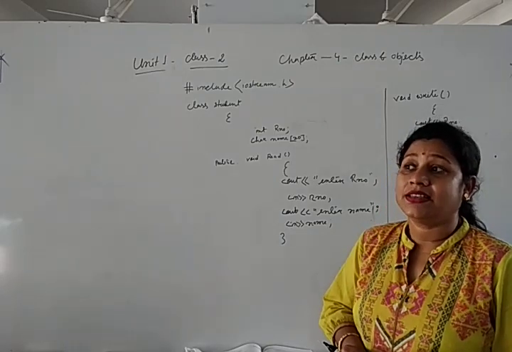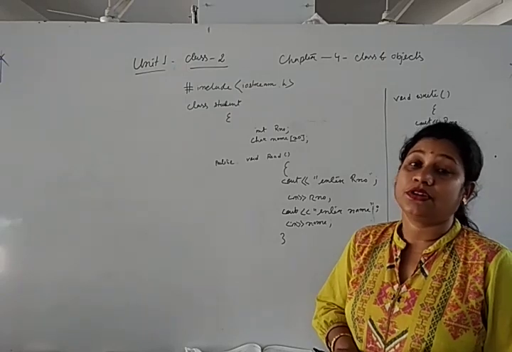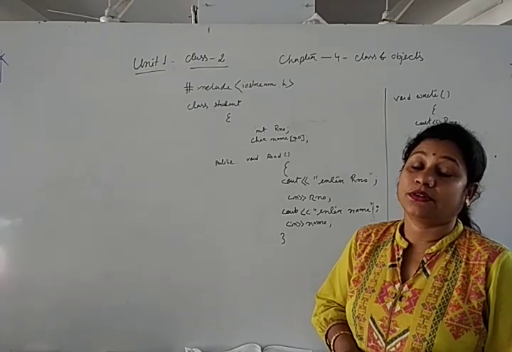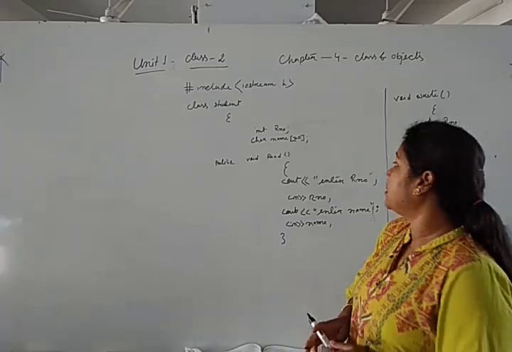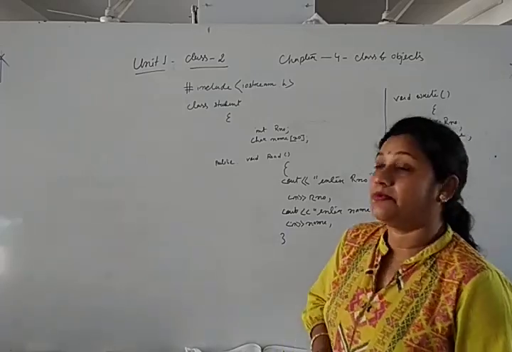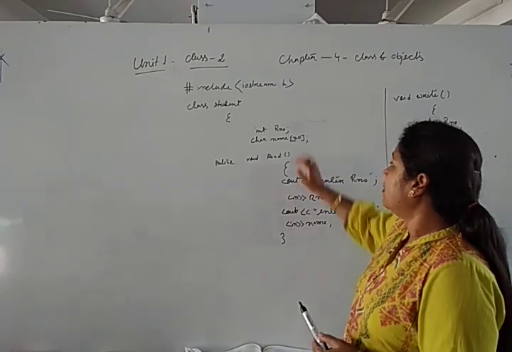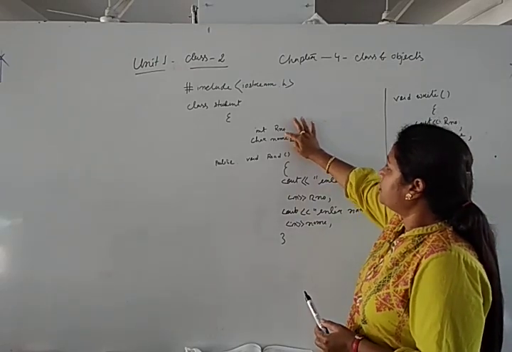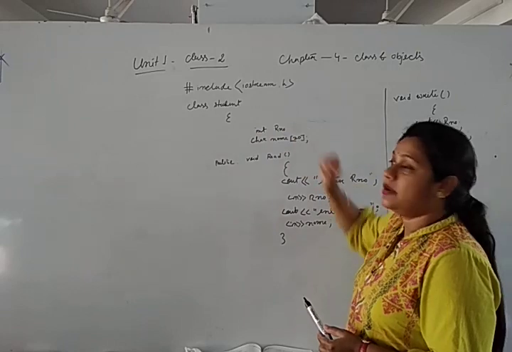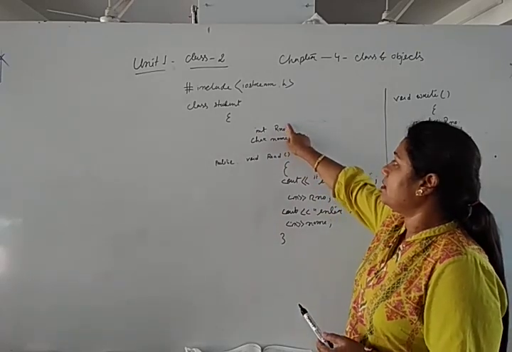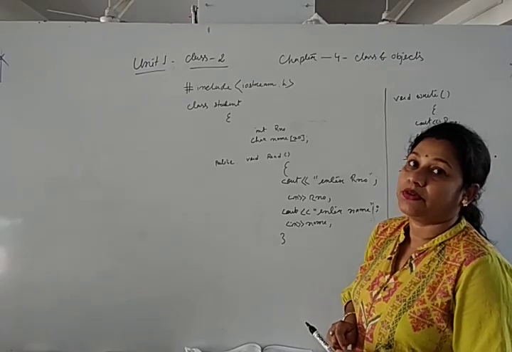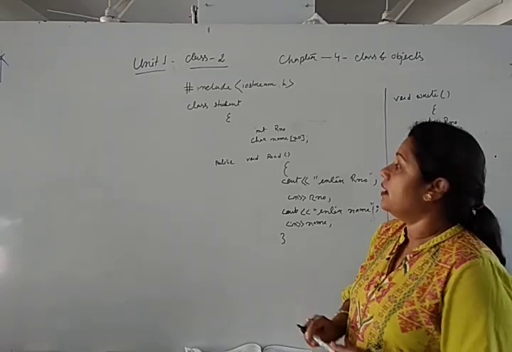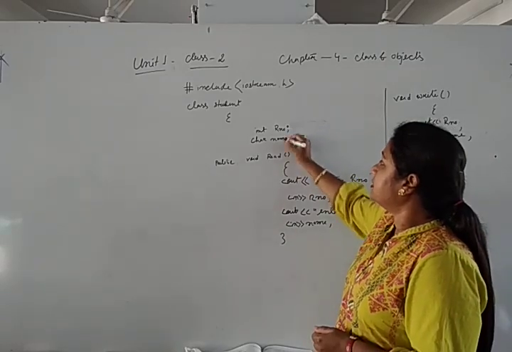Syntactical errors means there are some rules and regulations for writing a particular language. Sometimes when you write the program, by mistake, suppose here integer roll number, we need a semicolon here, but I don't use the semicolon here, so the computer will display some error. These are known as syntactical errors.